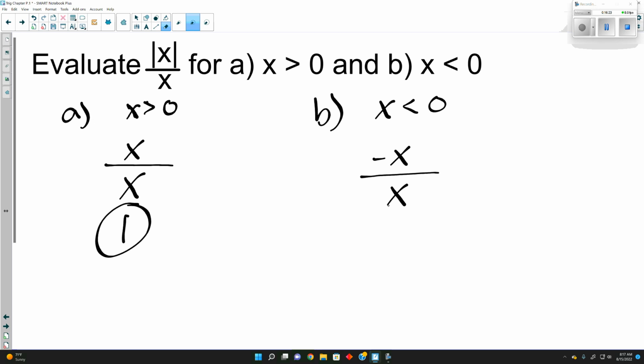And to account for that, we add the negative, because here the values of x are going to be negative. So we add that to make sure that the numerator is positive after the absolute value. Well, x divided by x is still 1, but this time it is negative 1 because of the negative sign on top. Questions on this here?